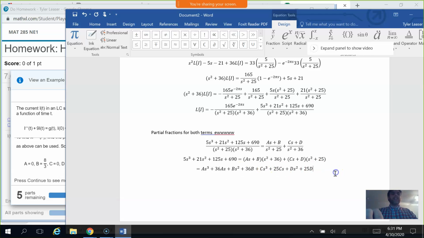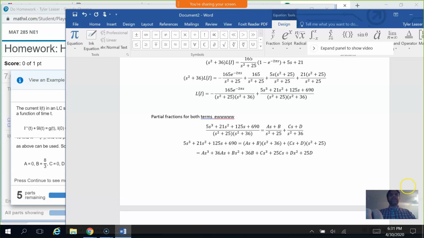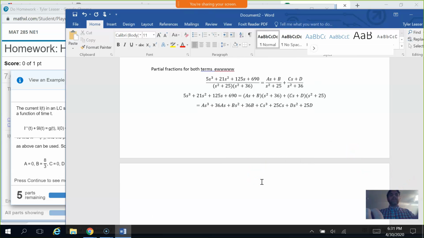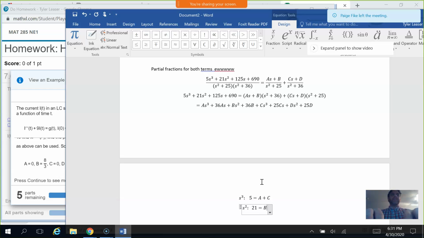And now we could set the different power function coefficients equal. So we have the s cubed functions. We have a 5 on the left, and we have an a plus c on the right. We have the s squared coefficients, 21 on the left, b plus d on the right.